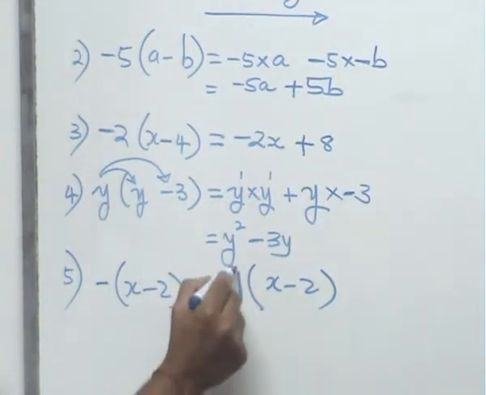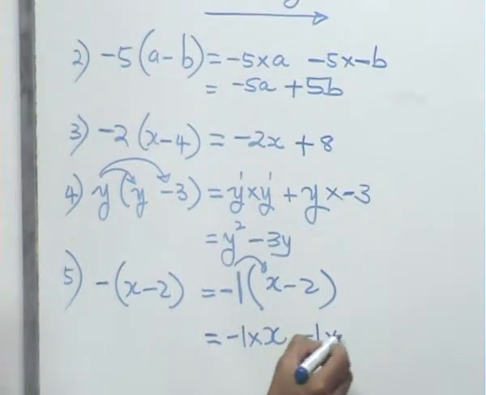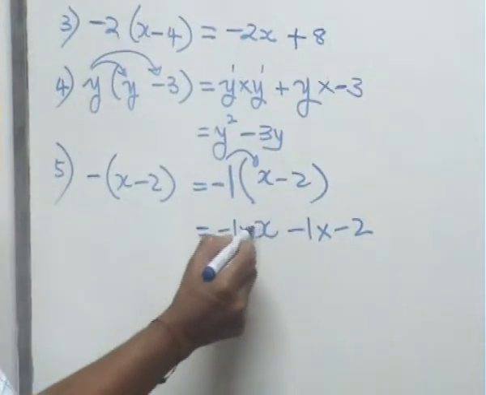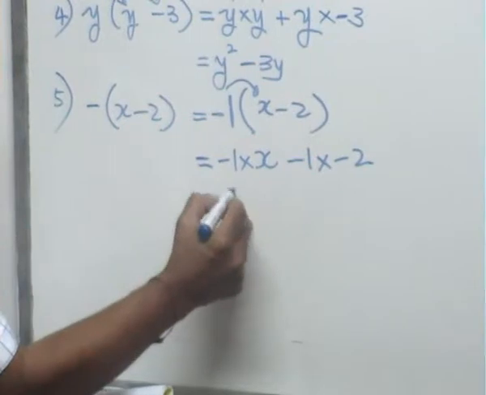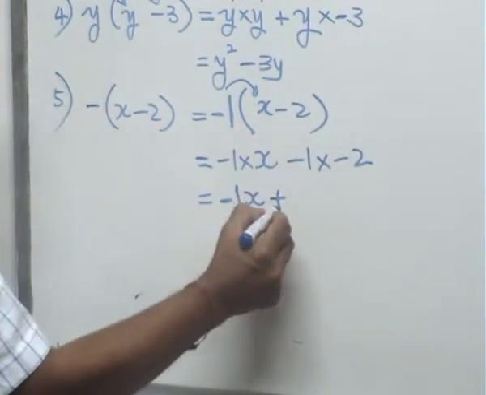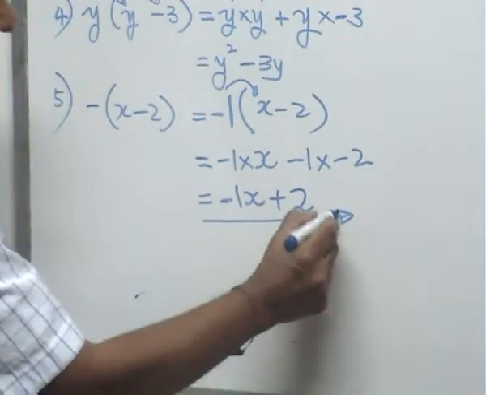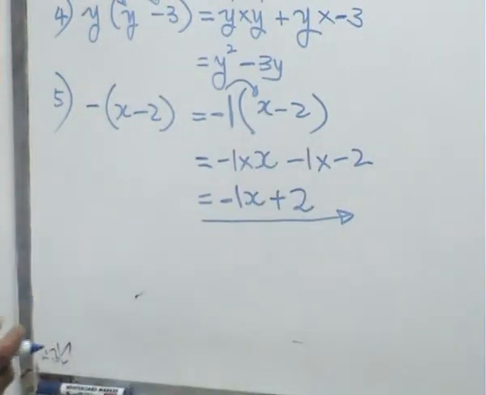And then it's clear to me that I'm multiplying minus 1 times x and minus 1 times minus 2. Now minus 1 times x, you see this is understood to be plus. Minus times plus is minus. 1 times x, 1x. Minus times minus plus. 1 times 2, 2. Now if you forgot your signs and so on, if you don't know what's minus times minus, you have to go back and practice on them.